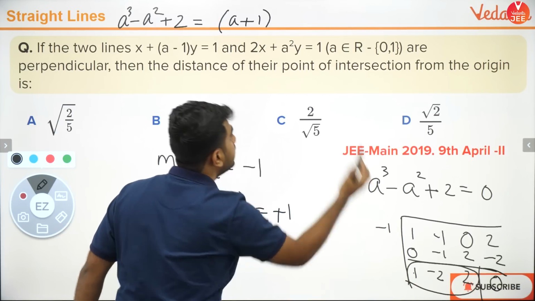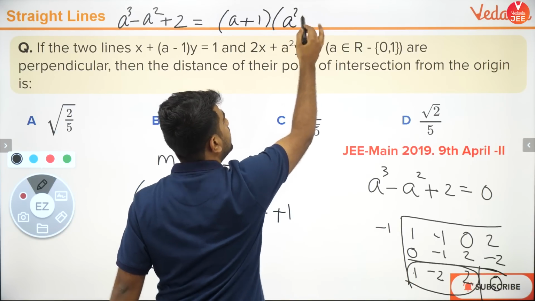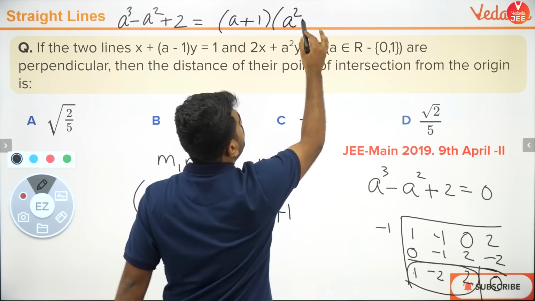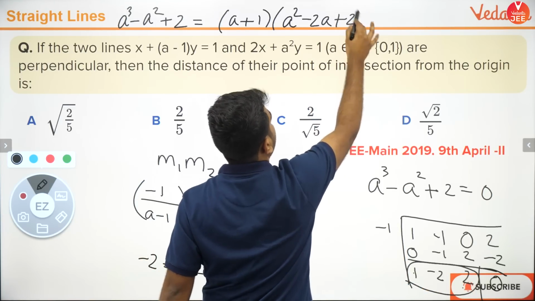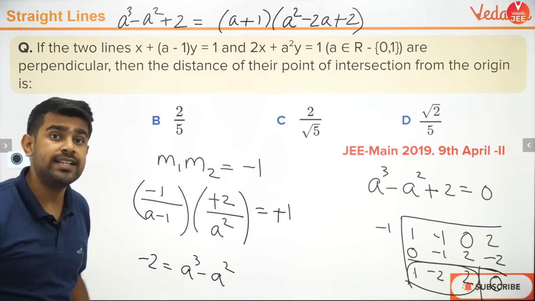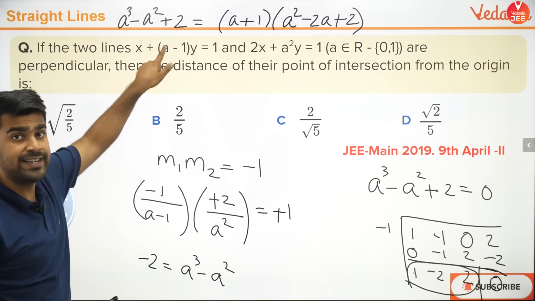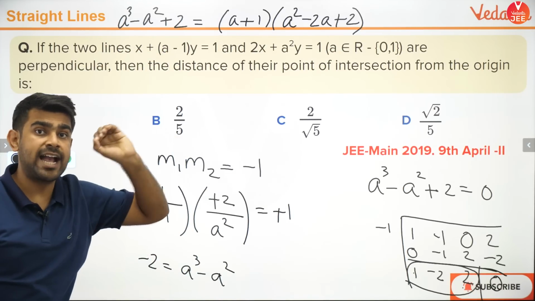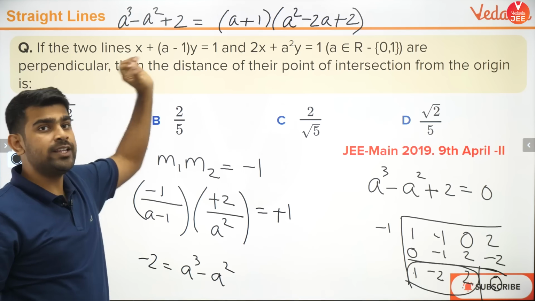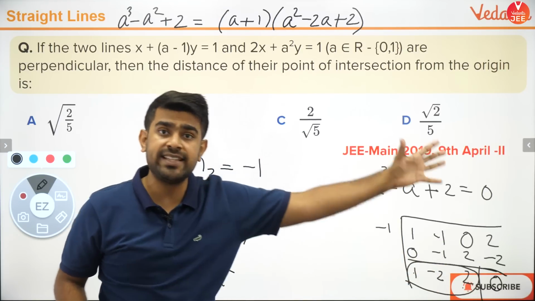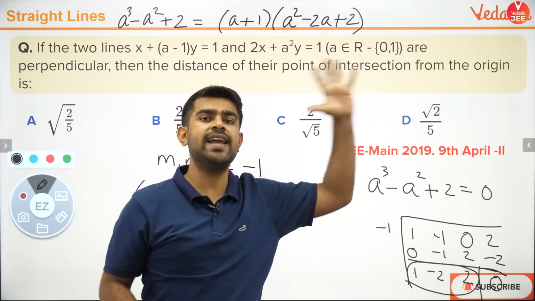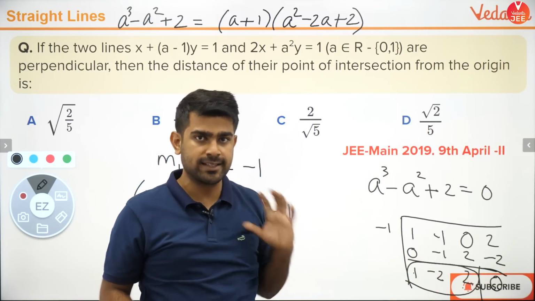So this 1 is the coefficient of a², this -2 is the coefficient of a, and this +2 is the constant term. So this is the factorized form. That is a good catch. That is why you need to learn synthetic division. If you do not know this, go back to long division. It will take a lot of time, but still you will get the question correct.